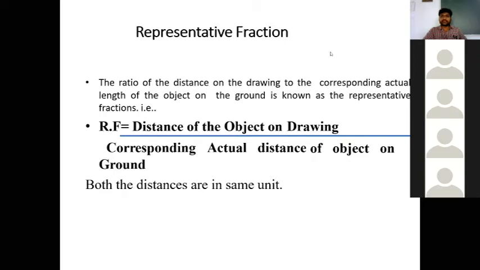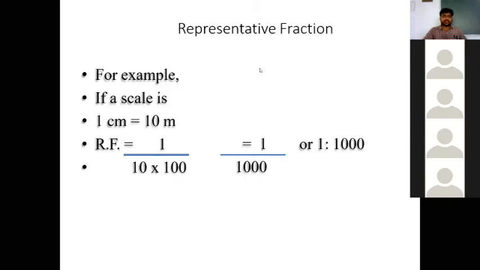Next, we'll have the examples. 1 centimeter is equal to 10 meter. So RF will be equal to 1 divided by, and this 10 meter I want to convert into centimeter, so 10 into 100. Finally it is 1 divided by 1000, or you can say 1 is to 1000.